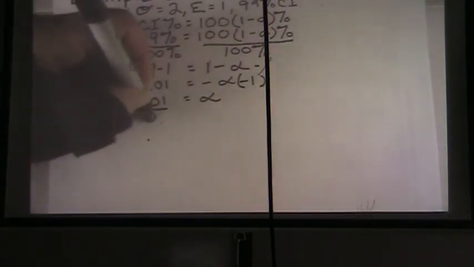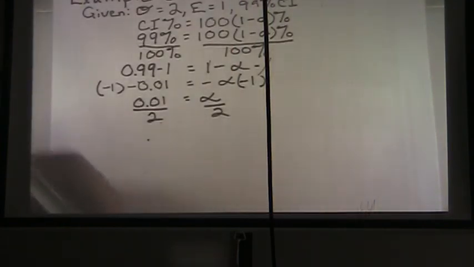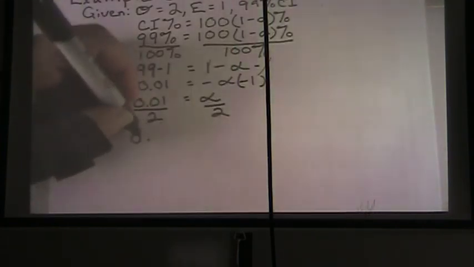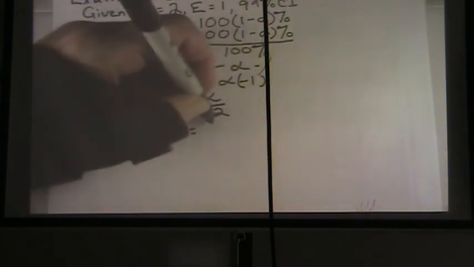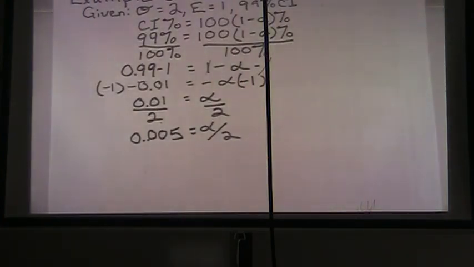I just divide both those sides by 2 so that I get 0.005 equals alpha divided by 2. All right, so that is my probability of error on one side, since we're doing a two-sided equation.